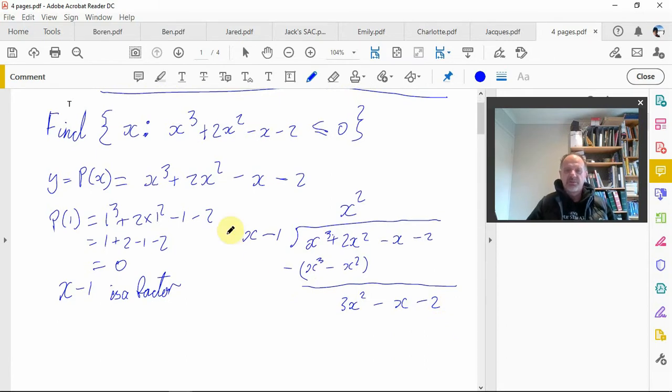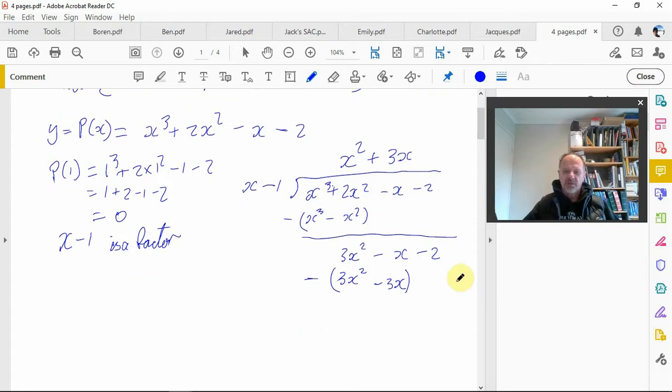So what else have we got? To get 3x squared, I'd have to multiply x by 3x. 3x times x is 3x squared. 3x times negative 1 is negative 3x. And then I've got to take them away. So 3x squared take 3x squared is 0, and negative x take negative 3x is 2x, and then bring the 2 down.